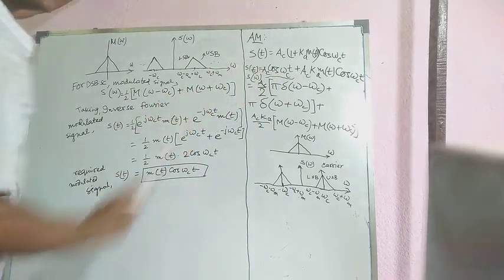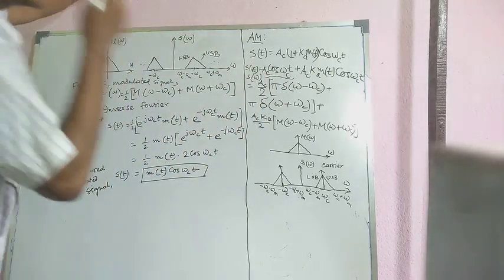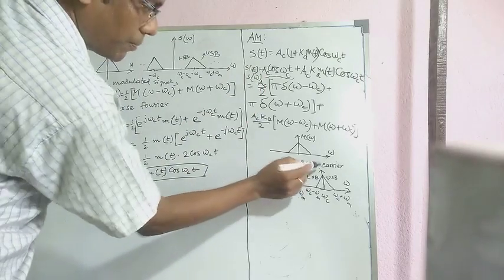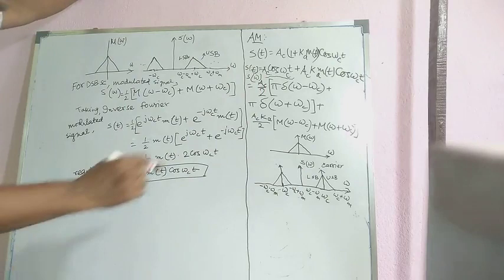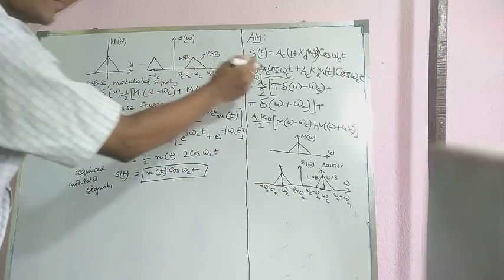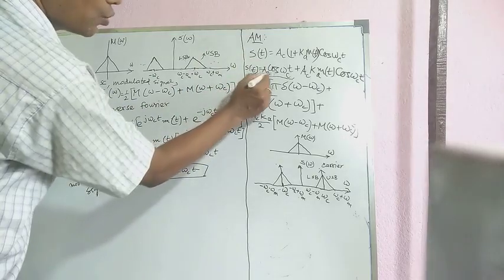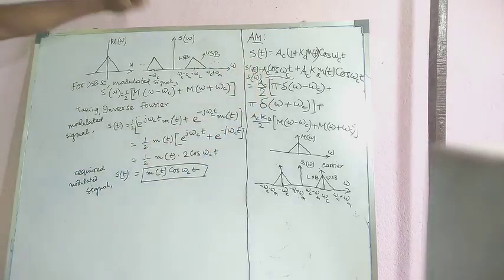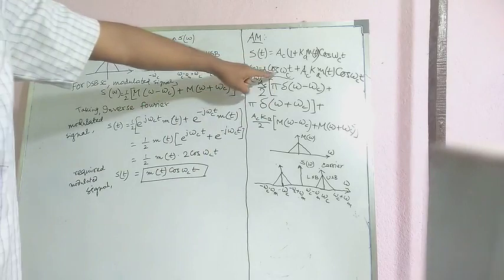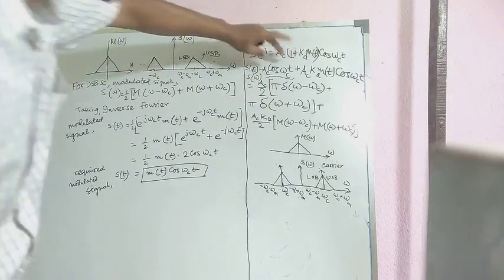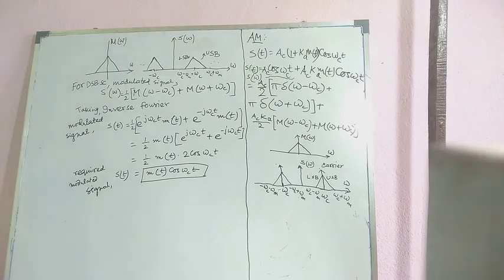Here you see, this is only the carrier part, A_c cos omega_c t, or its Fourier transform, this delta function is only for this carrier signal, and you see there is no message term linked in the A_c cos omega_c t part. It is only the carrier.